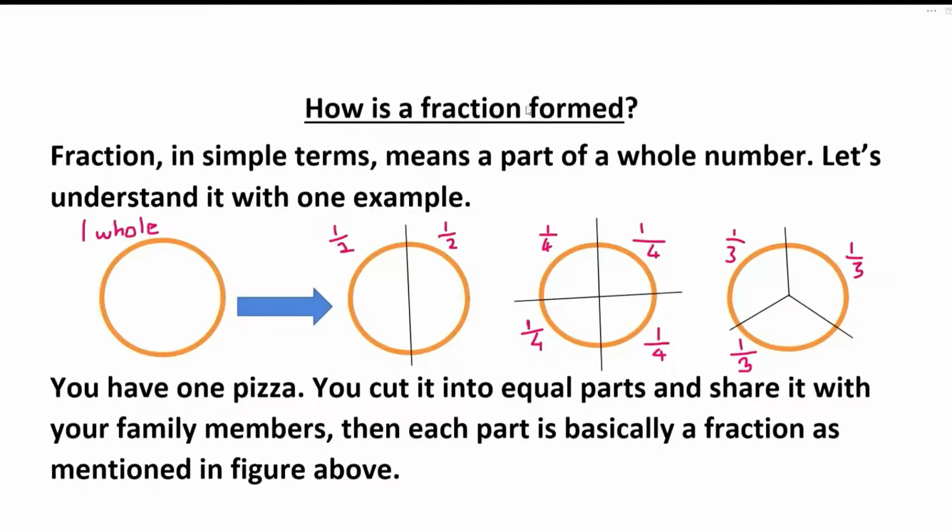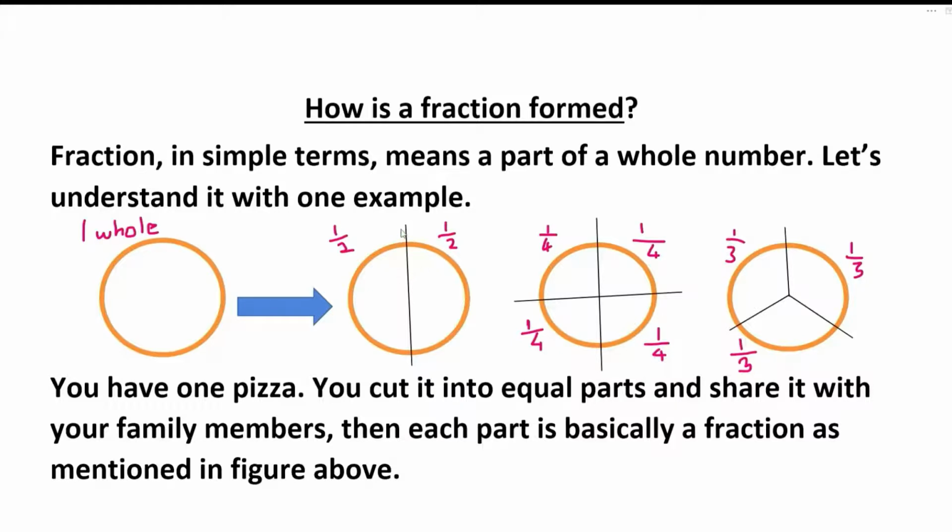How is a fraction formed? A fraction in simple terms is part of a whole number. Let's understand it with one example. Suppose you have one whole pizza, and your mother asks you to divide it into two equal parts and share one part with your brother.